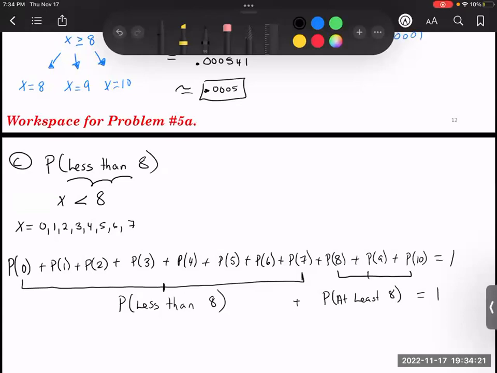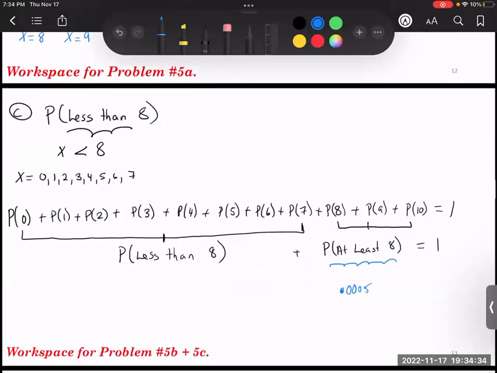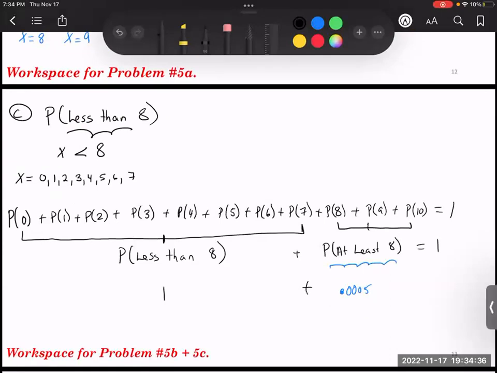But we figured out what the at least 8 was when we rounded to 4 decimal places. At least 8 rounded to 4 decimal places was 0.0005. Okay. So if you think of this as a mathematical equation, the probability of less than 8 plus the probability of at least 8 is equal to 1, and I know that the at least 8 is 0.0005, then all I have to do is just subtract 0.0005 on both sides of the equation, and I get the less than 8 case.